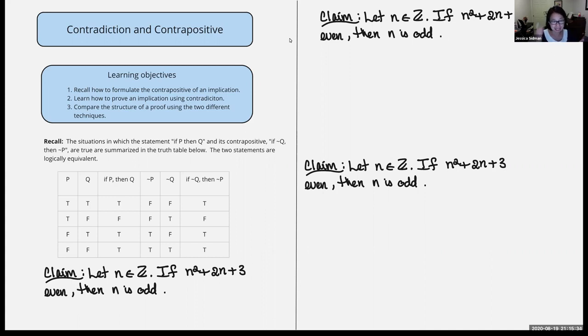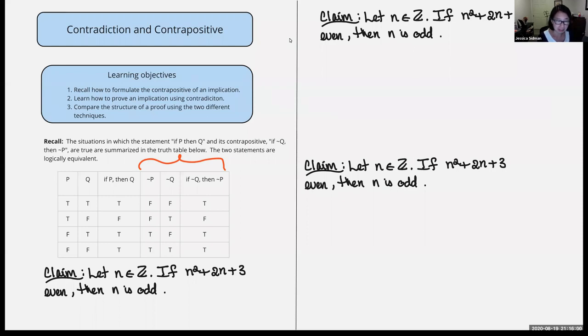And if you just focus on these three columns, in the first row, not Q is false. And remember, if the premise is false, the implication is automatically true. So that's why the first row is true.